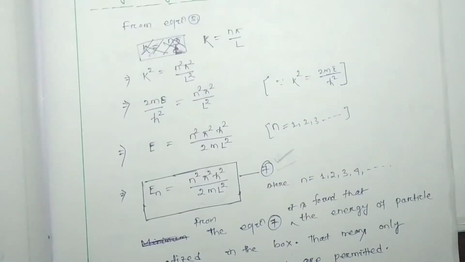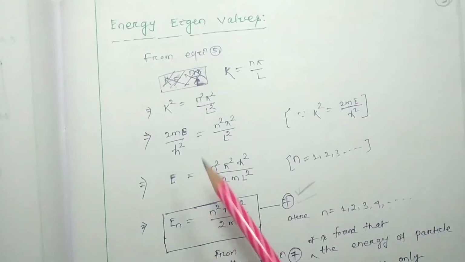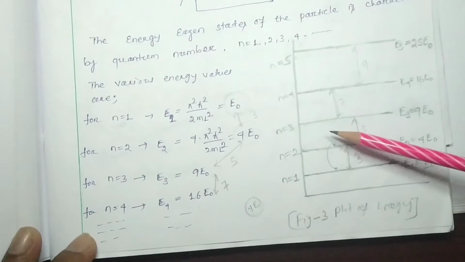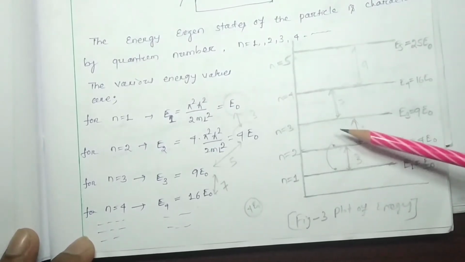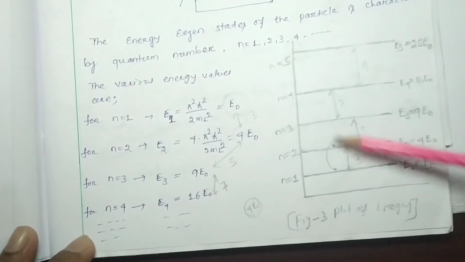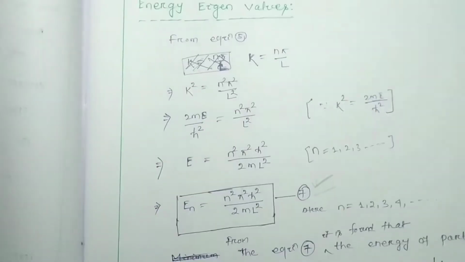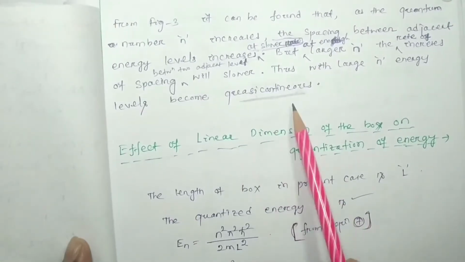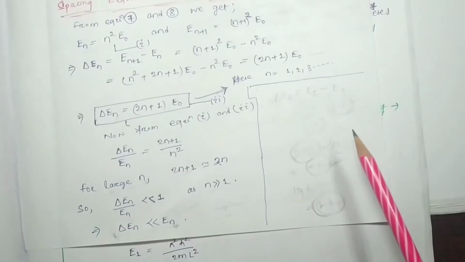From that we also derived the energy eigenvalues, and how they are separated from each other, what the difference between two energy levels is, how that difference increases, and at higher energy levels how and why it shows a quasi-continuous distribution of energy levels.